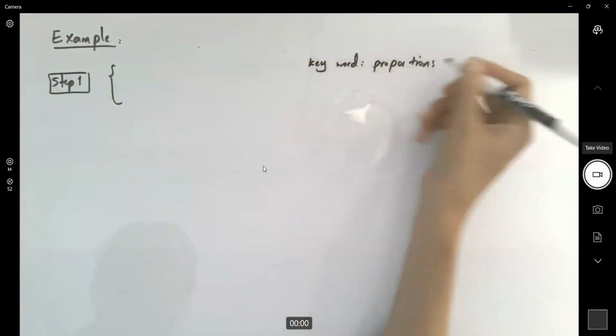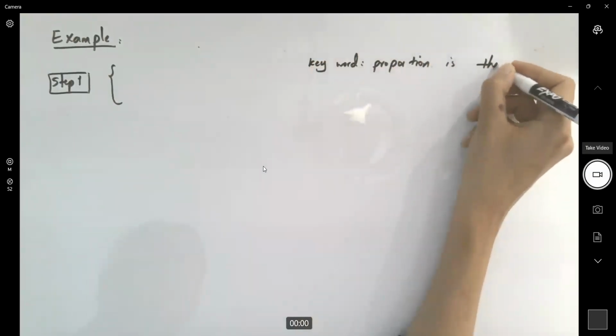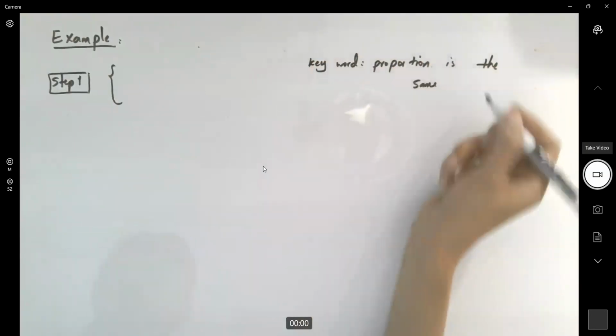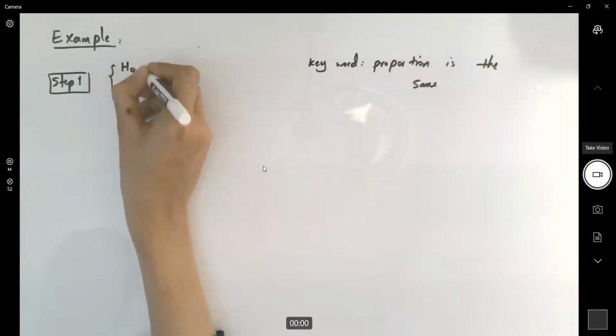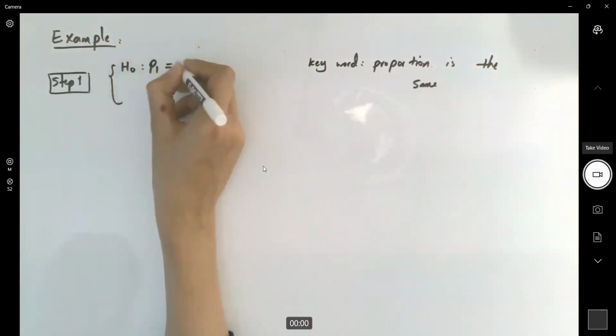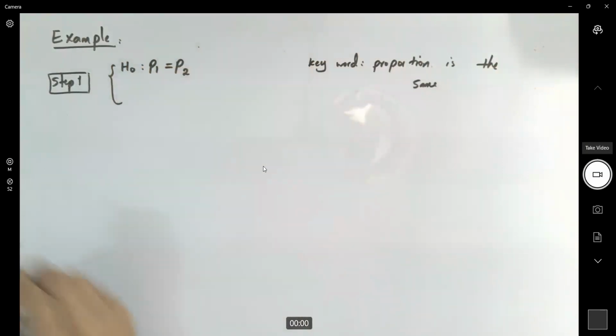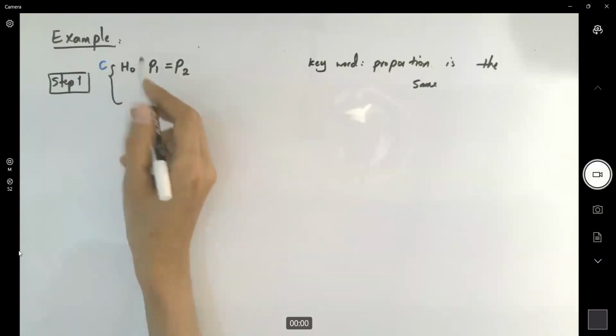The proportion is the same. It means that we have our null hypothesis. Null hypothesis says P1 is equal to P2. And since it's our claim, let's put a little C next to it to identify our claim easily. Our claim and null are the same thing.